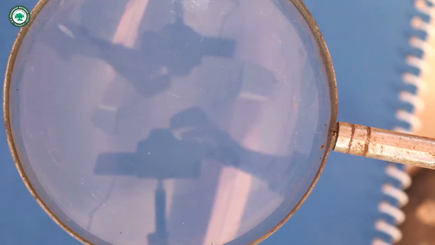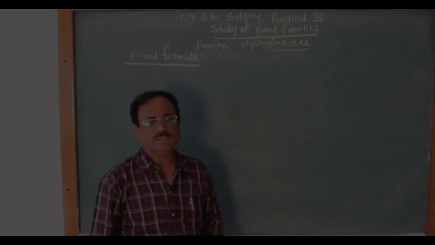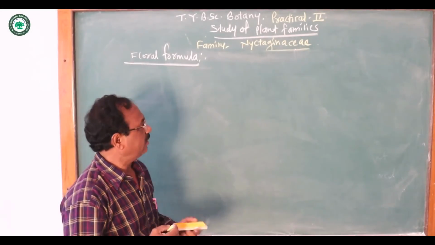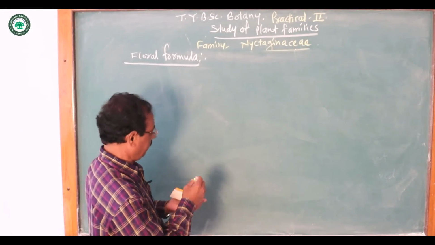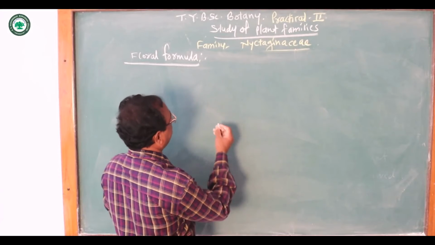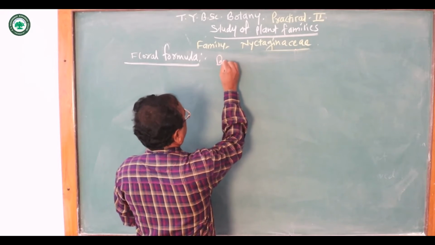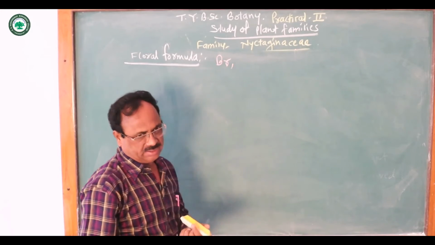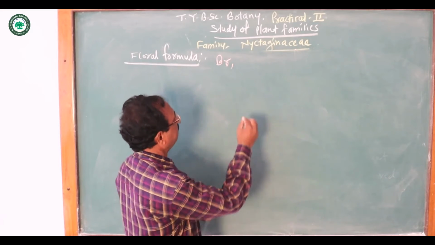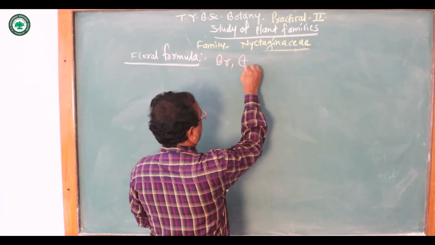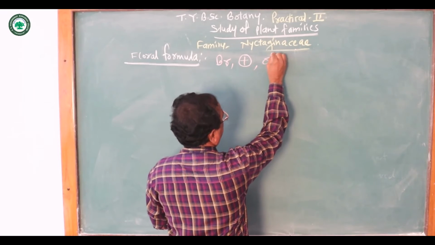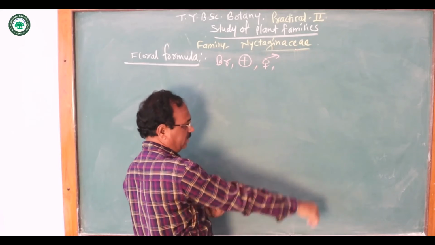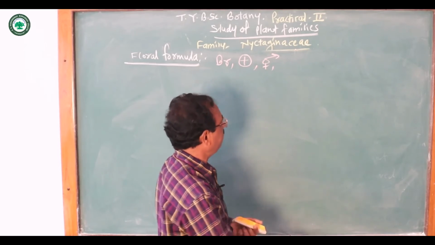Now let us see the floral diagram and the floral formula of family Nyctaginaceae. In this floral formula, the flower is bracteate, so its symbol is Br. The flower is actinomorphic. It is bisexual, so it shows the presence of both sex organs, the androecium and gynoecium.